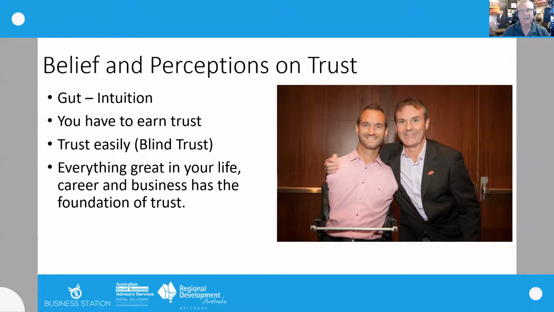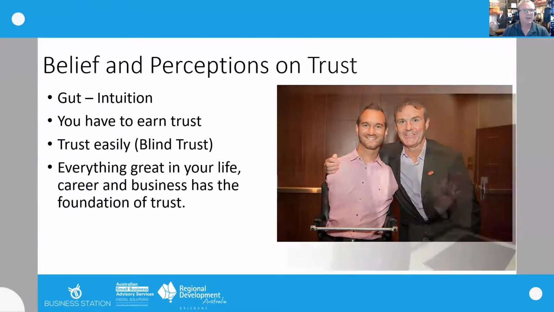So it's really critically important that we understand what this small word actually means in our business endeavors. Because if you want to build a career or a business that's successful, people have to trust you and you have to trust in what it is that we're doing. Stephen Covey Jr.